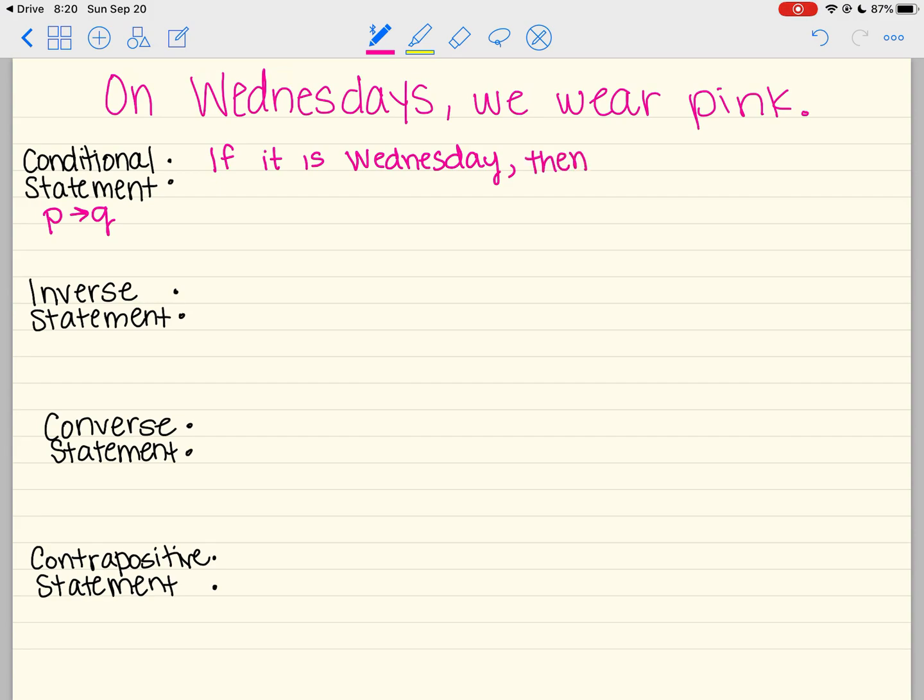So if it is Wednesday, then we wear pink. So that's our conditional statement. We have if, then. The inverse statement is formed by negating the hypothesis and the conclusion. So in logic notation, that would be not P, then not Q.